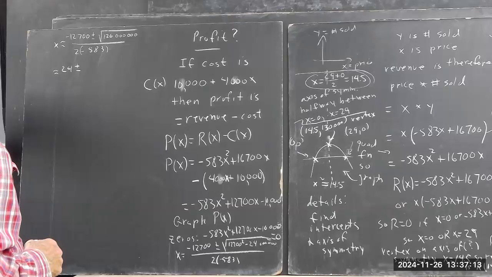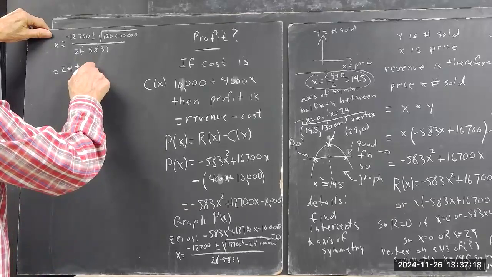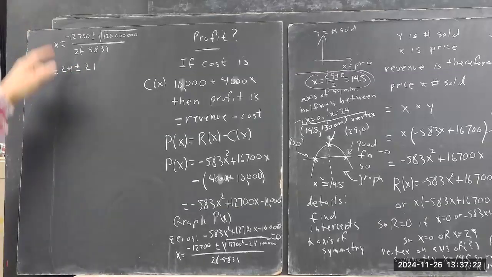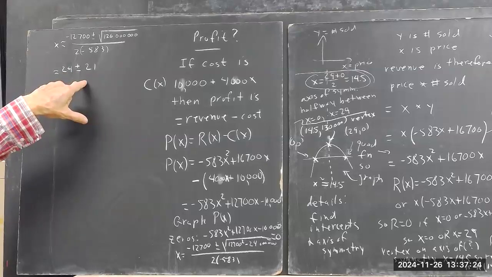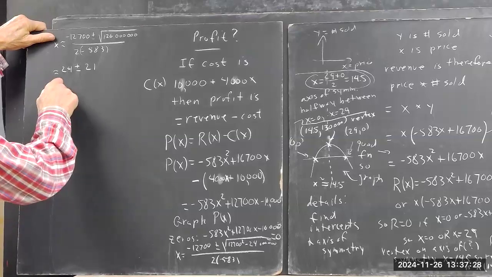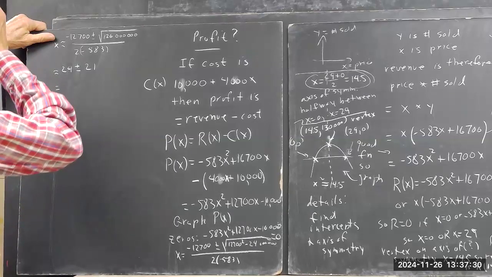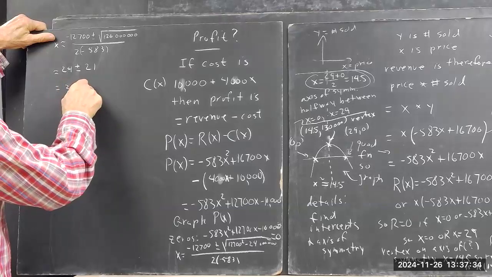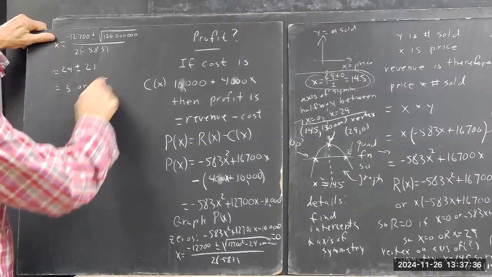That gives you 24. I'll say it's plus or minus 24. But you can put the numbers in. You're going to get something kind of close to this. Use your calculator. That's going to be equal to 3,435.